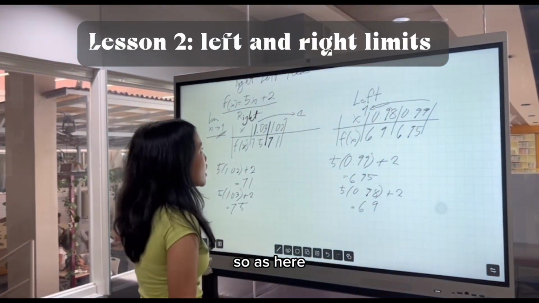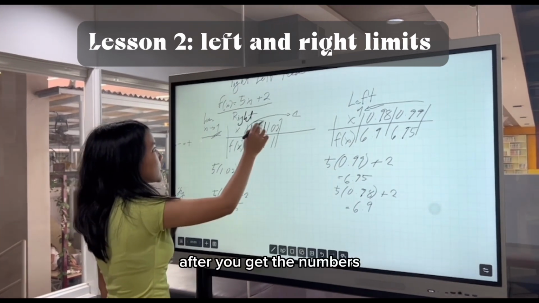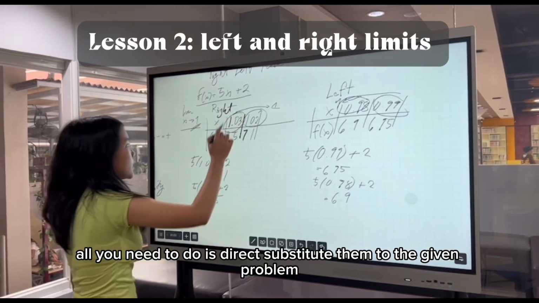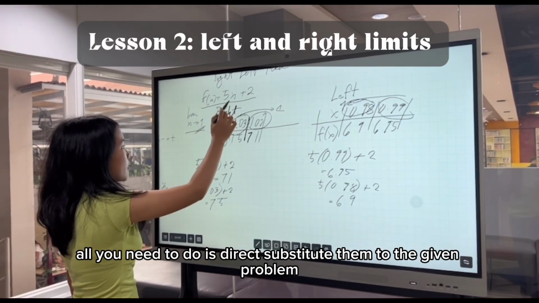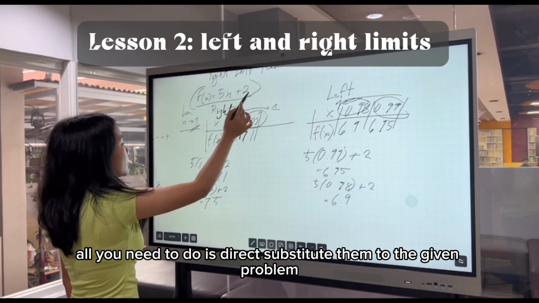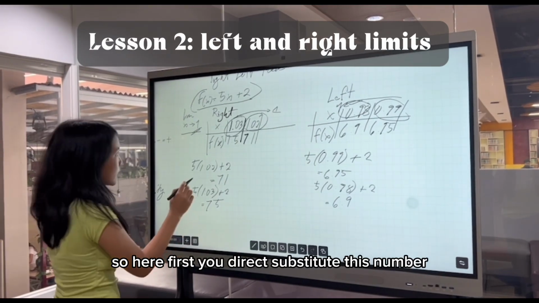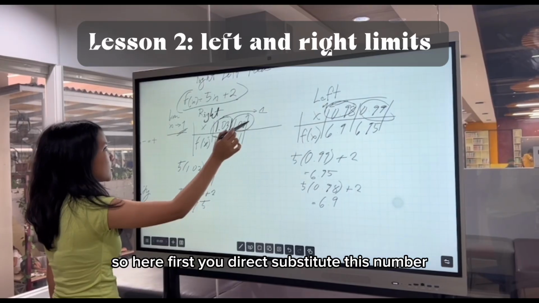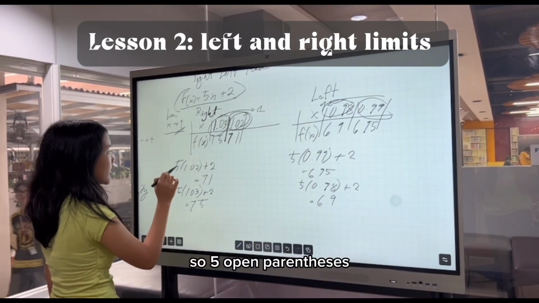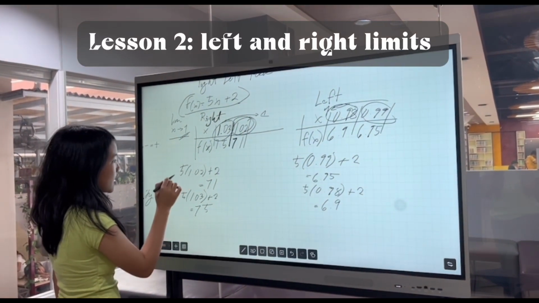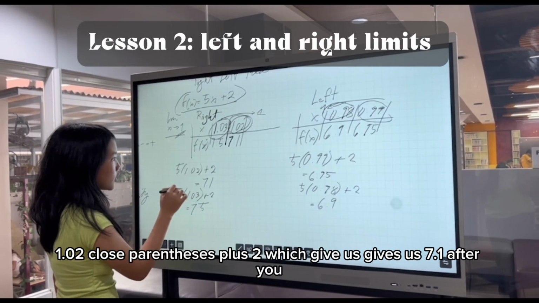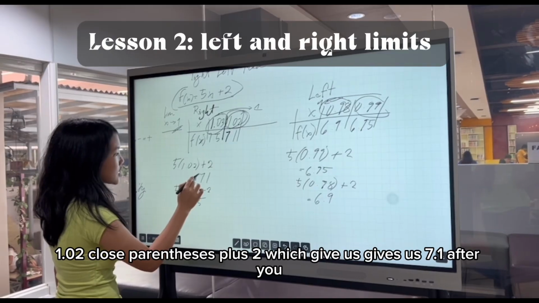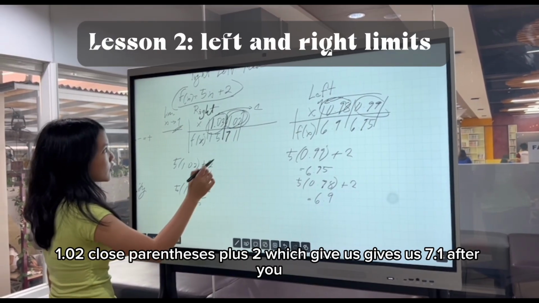After you get the numbers, all you need to do is direct substitute them into the given problem. So here, first, you direct substitute this number. So 5 open parenthesis 1.02 close parenthesis plus 2, which gives us 7.1.